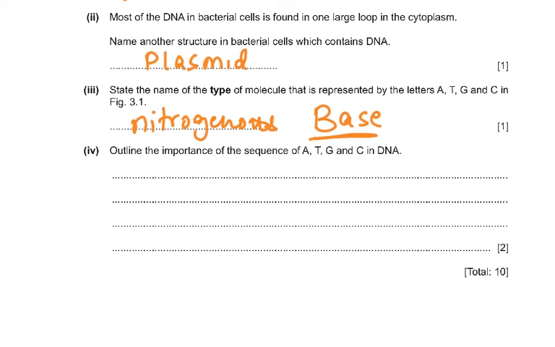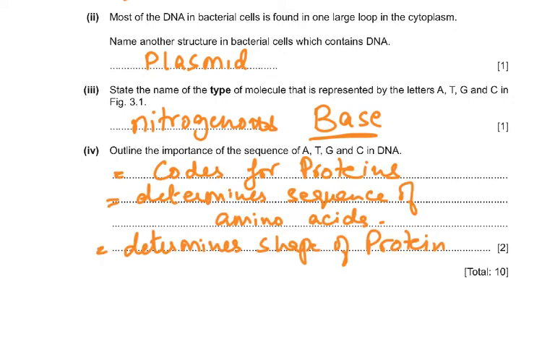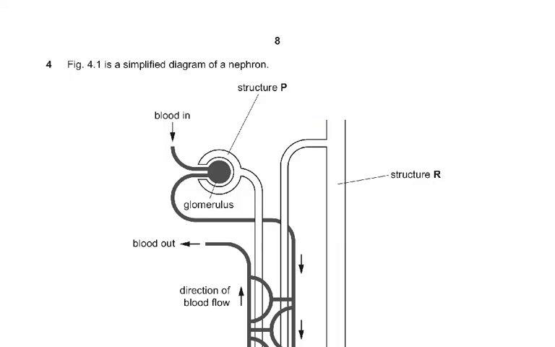Outline the importance of the sequence of A, T, G, and C in the DNA. They code for proteins, determines the sequence of amino acids, determines the shape of the protein. So number 1, it codes for proteins. Number 2, determines the sequence of amino acids and determines the shape of the protein.